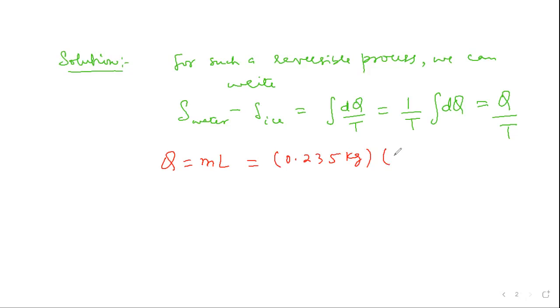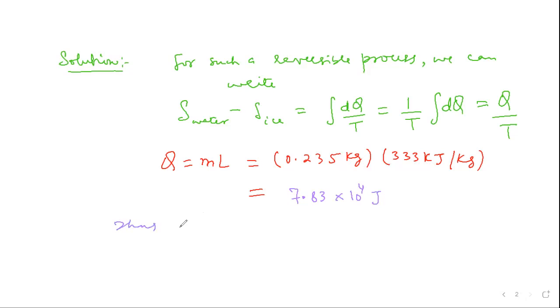And I multiply it by the latent heat of fusion, which is given to be 333 kilojoules per kg. When you solve it, this turns out to be 7.83 into 10 raised to power 4 joules. You know, 1 kilojoule is 1000 joules. When you make the calculation, you need to consider that. So it turns out to be 7.83 into 10 raised to power 4 joules.